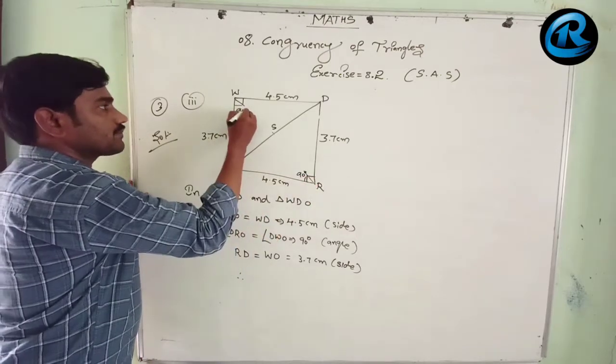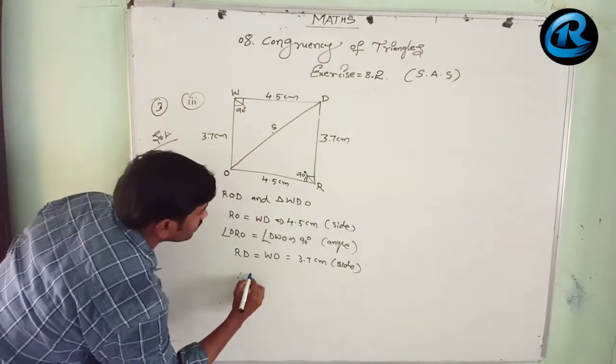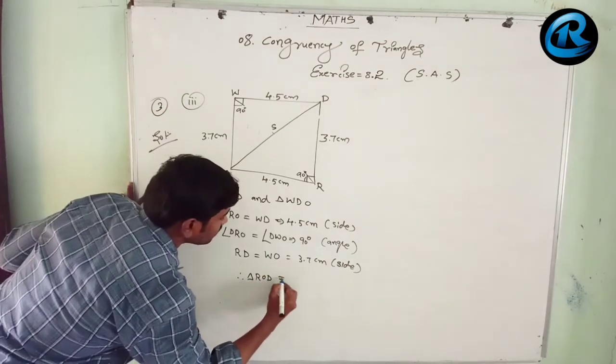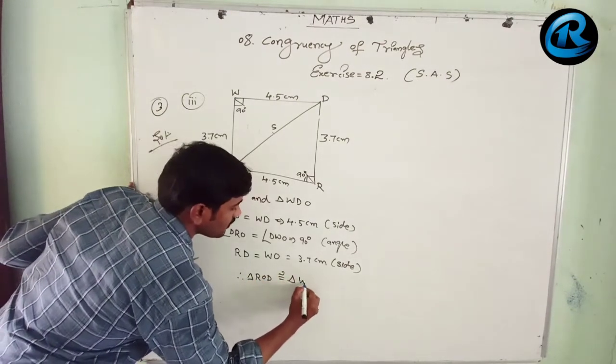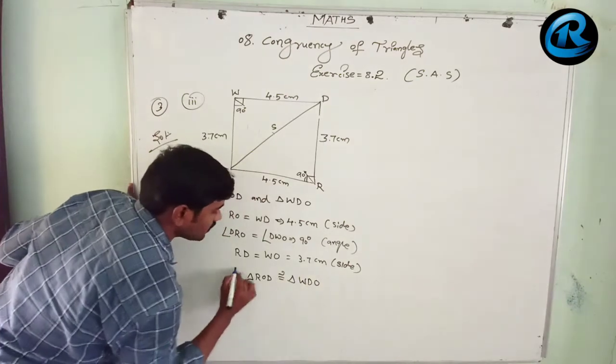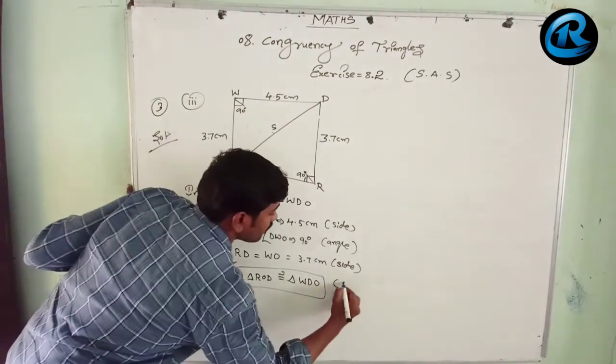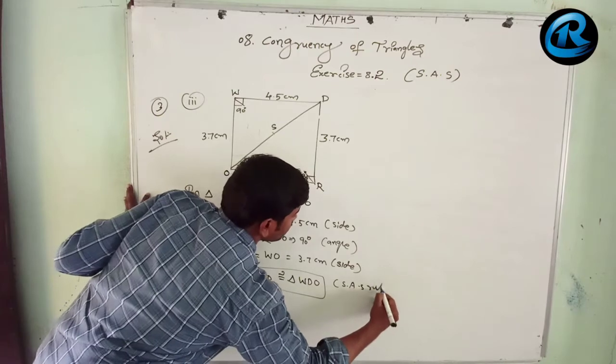Therefore triangle ROD is congruent to triangle WDO by the side angle side rule.